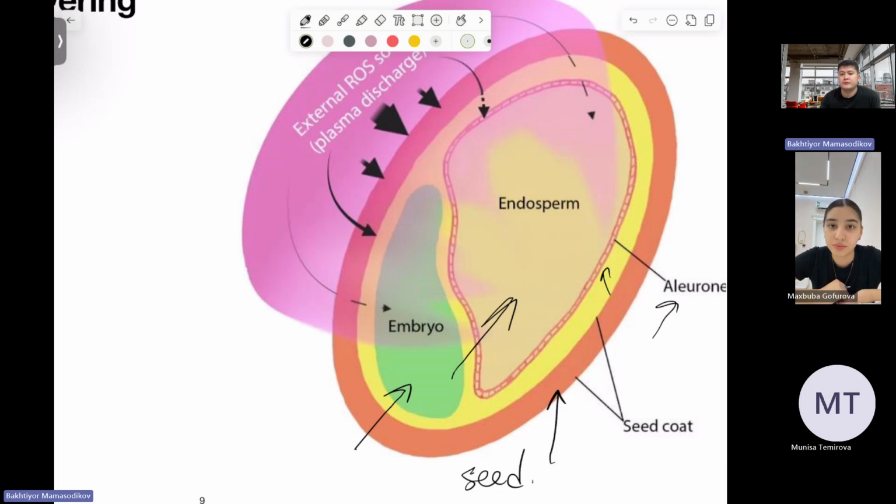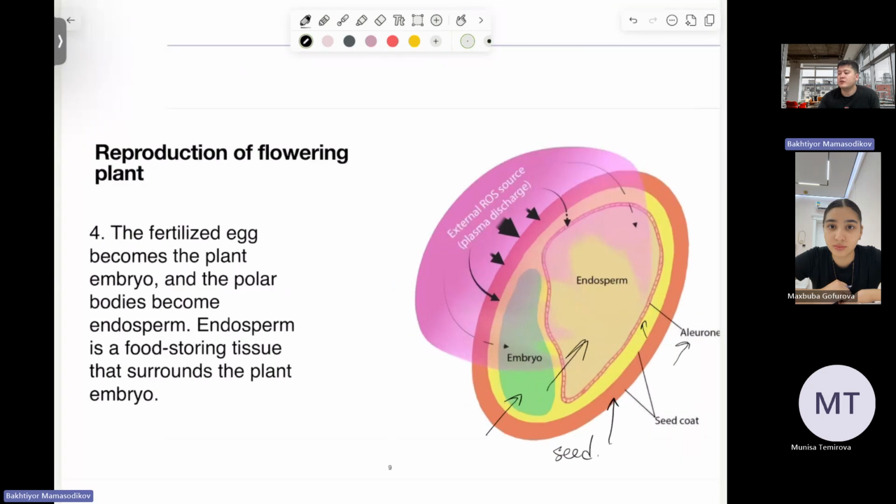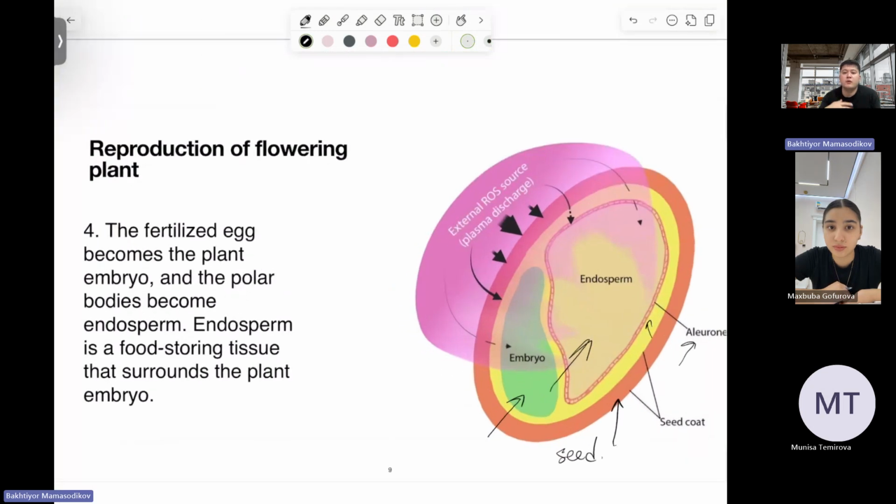No question. So the seed then matures, it falls into the soil, or it's spread by the animals. It can be spread by animals, it can be spread by us. For example, the apple in Uzbekistan can be traveled to the USA, right? And if the seed falls to the soil in the United States, the apple plant is going to grow in the US, right? So that's why the plants can also travel.